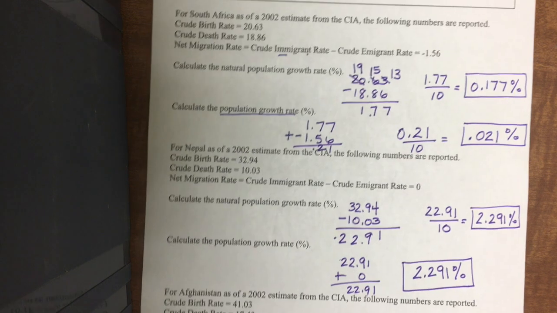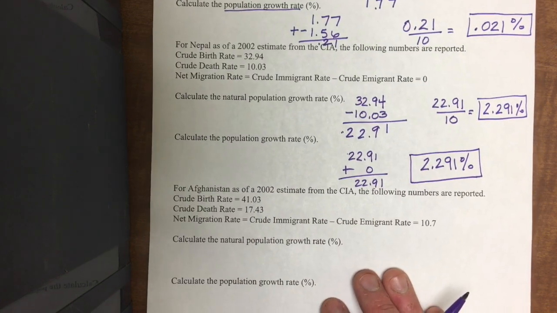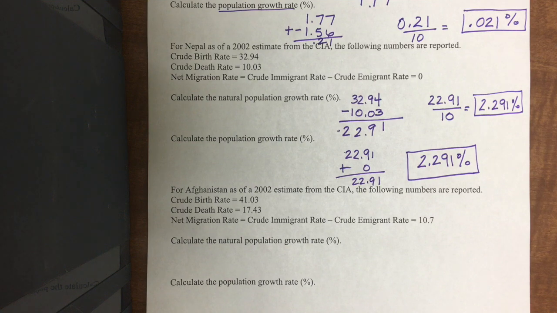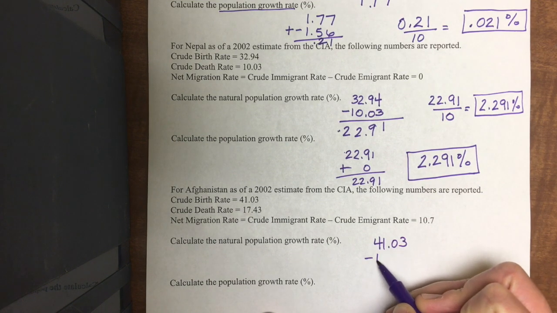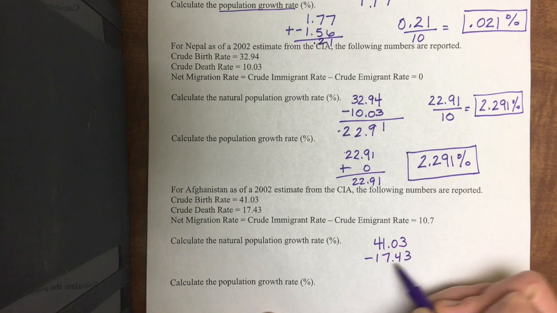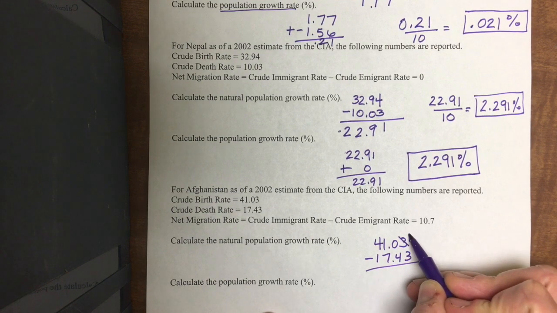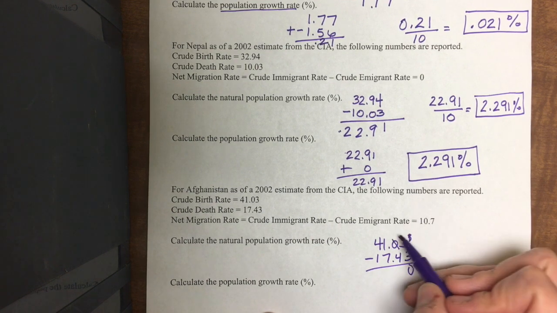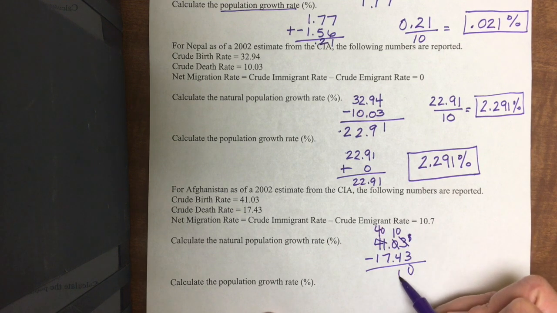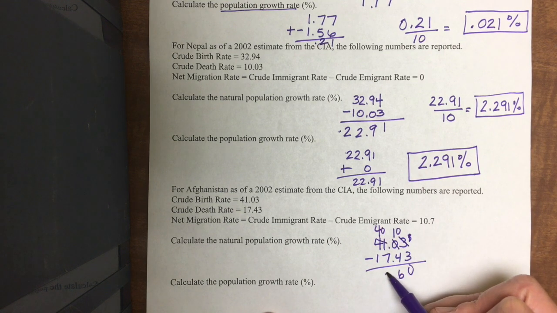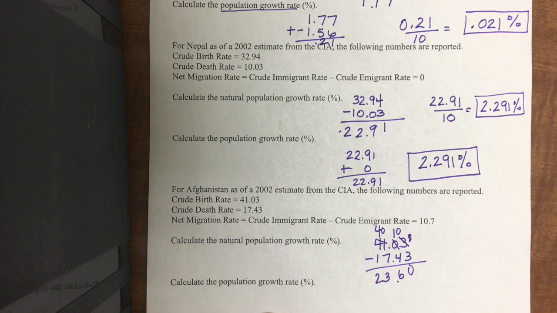Lastly, I'm going to do the bottom of the page, Afghanistan for 2002. So I'm going to take the crude birth minus crude death rate. So I have 41.03 minus 17.43. When I subtract here, I get 0, this would be 6, and then this would be 23.